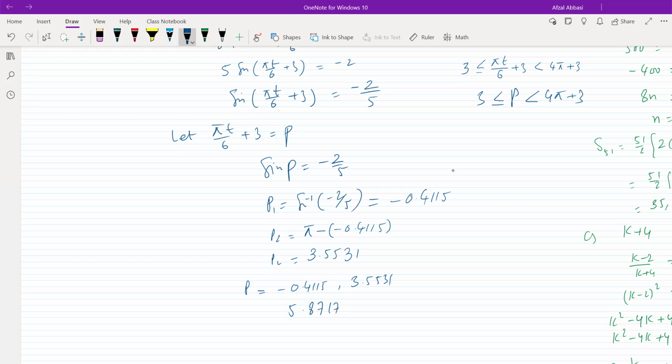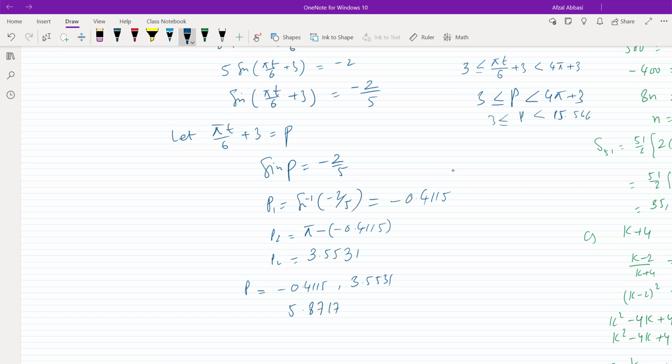If we know that this is 4 pi, the upper limit is 4 pi plus 3. So what is 4 pi plus 3 in decimals? It is 15.566. So it means we can go up to this value in decimal, 15, and still we just found 5.